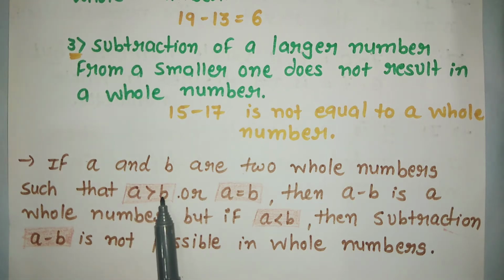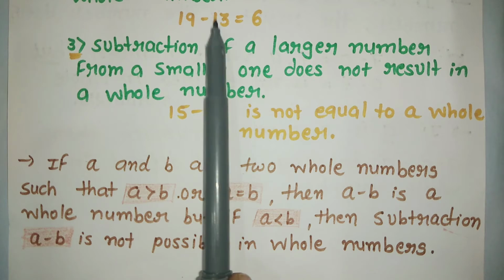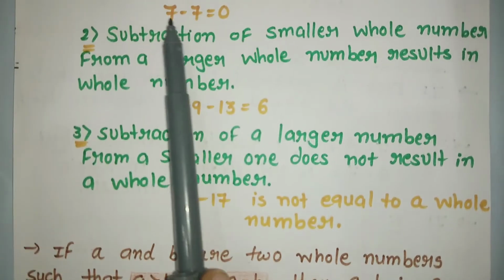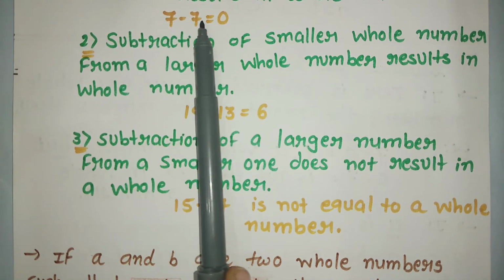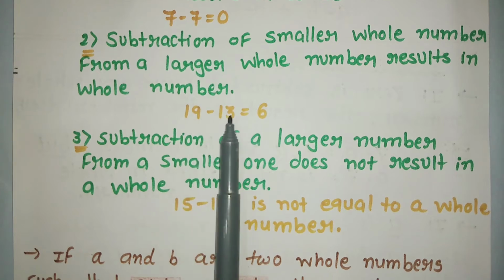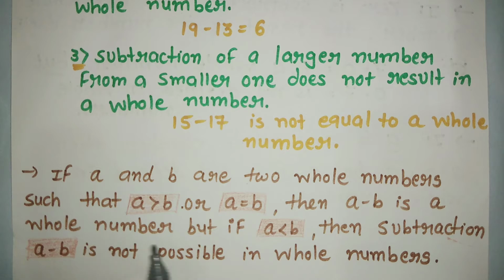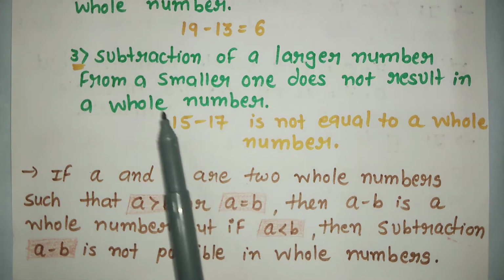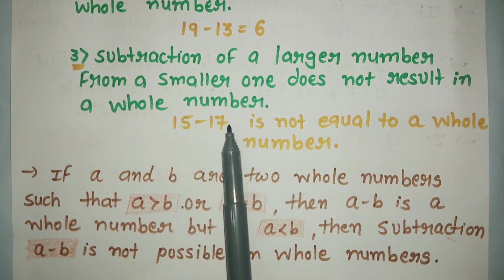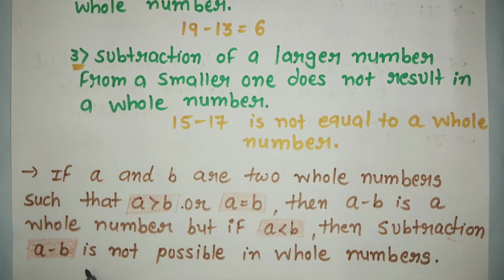As we have seen, A greater than B, and here A equal to B. But when A is less than B, in that case the answer is not possible as a whole number. This first property is the closure property.